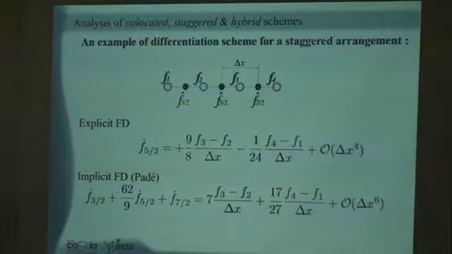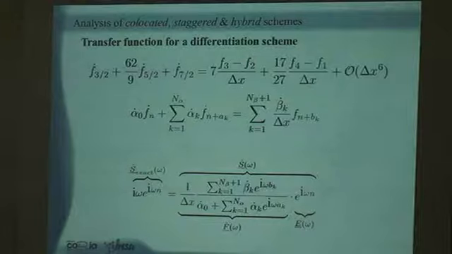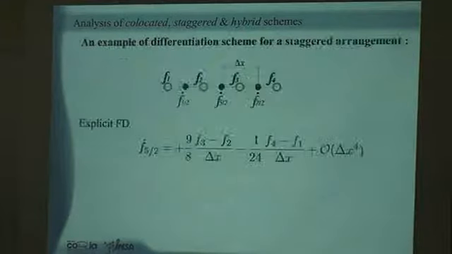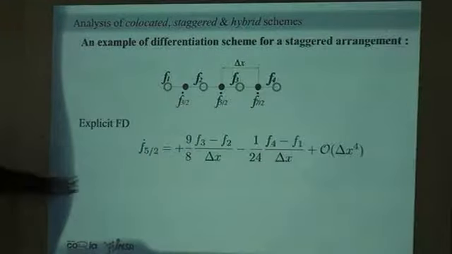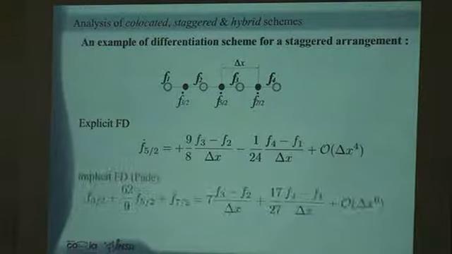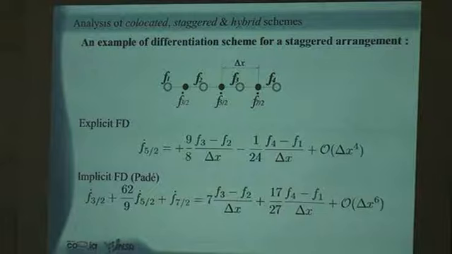So we have 6 schemes: explicit fourth order, Padé sixth order, and 3 grids, collocated, staggered, and hybrid, which is only 1 point more. In which order is your new semi-staggered scheme? The new scheme is 6th order in space.